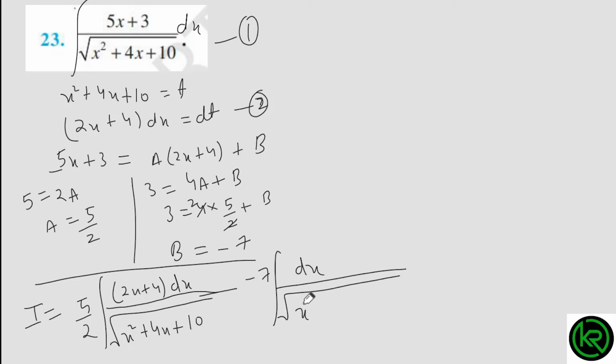Now here we have to make a perfect square also. The x coefficient is 4, divided by 2 you will get 2, so add 2 square and subtract 2 square, and there is already 10 also.